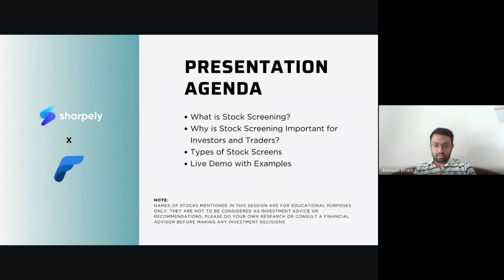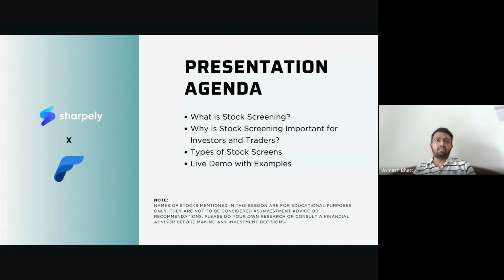The presentation agenda is we will keep this session for everyone. So even if you are someone who is just beginning your stock market journey, we will have a brief about the concept of what stock screening is. The first few minutes will be focused on what stock screening is, why stock screening is important for investors as well as traders, and then we will go slightly into depth and analyze what types of stock screens there are.